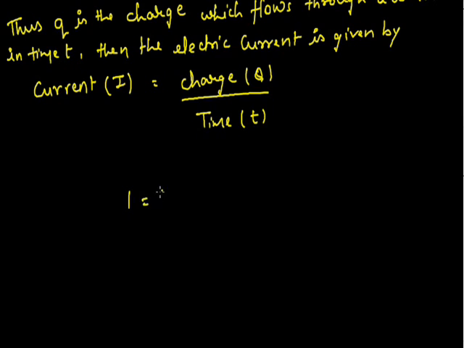So I equals Q by t, then charge is equal to I t. This is also an important formula for charge. Electric current is a scalar quantity.